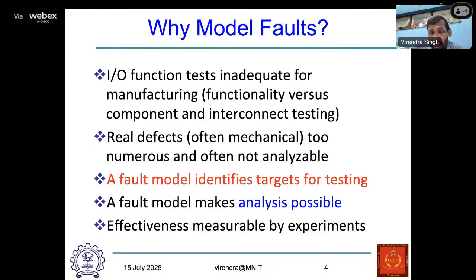Keep in mind, we want to minimize the number of test vectors, because all these test vectors, when we apply them to the chip, consume some time, and the tester time is quite precious. As I mentioned yesterday, it costs you 5-6 rupees per second. So therefore you want to have a test vector set as compact as possible.